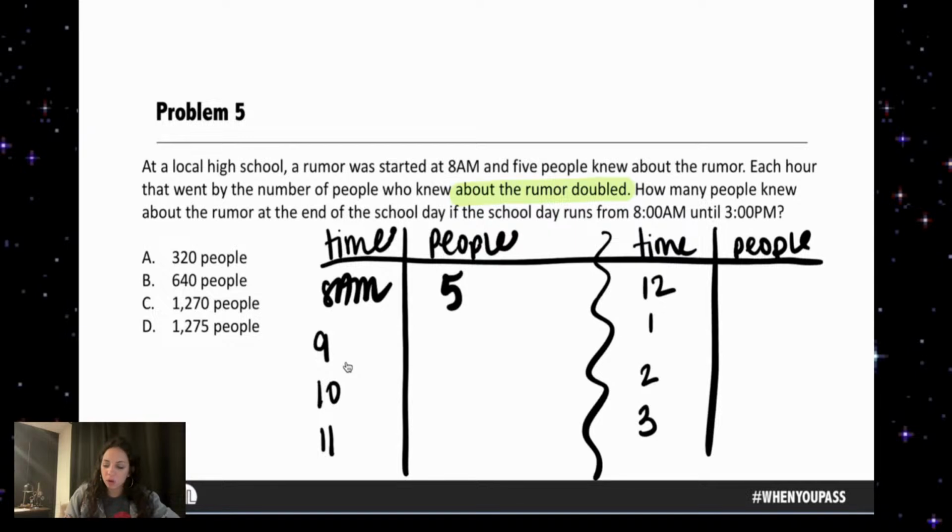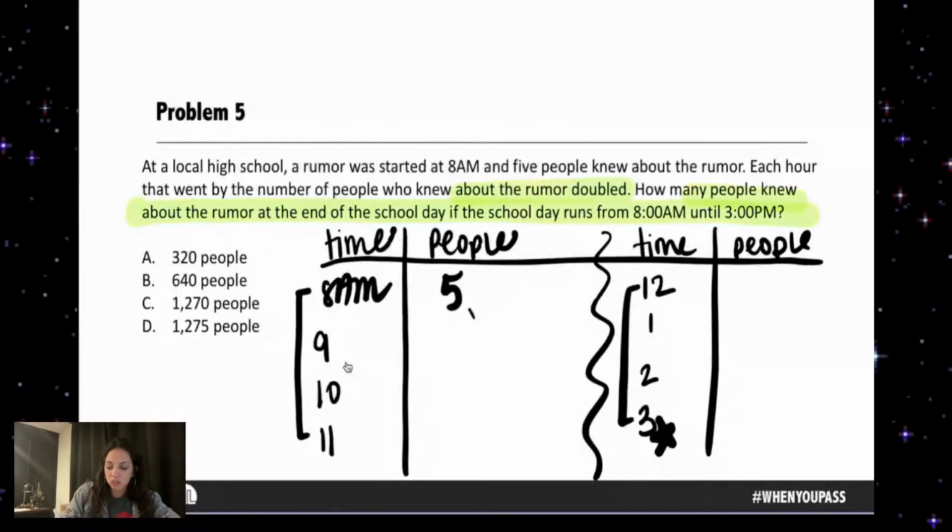How many people knew about the rumor at the end of the school day if we go from 8 a.m. until 3 p.m.? We need to go all the way until 3 p.m. because that is the end of the school day. 2 p.m. is not the end of the school day.